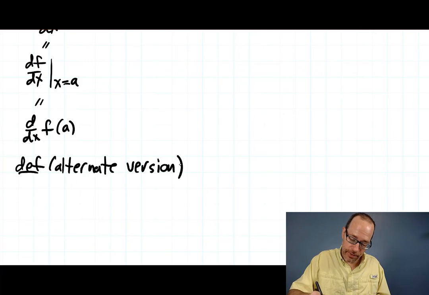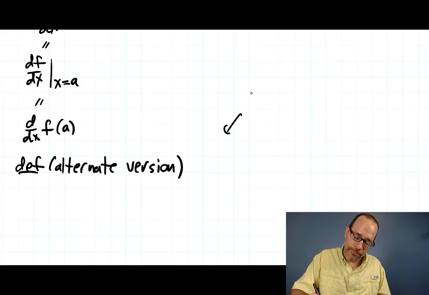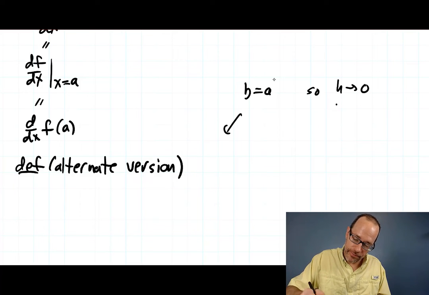All we're doing in this is we're setting b to be a plus h. So h going to 0 is the same thing as, well, if h is going to 0 here, then b is going to a. So these are the same condition.